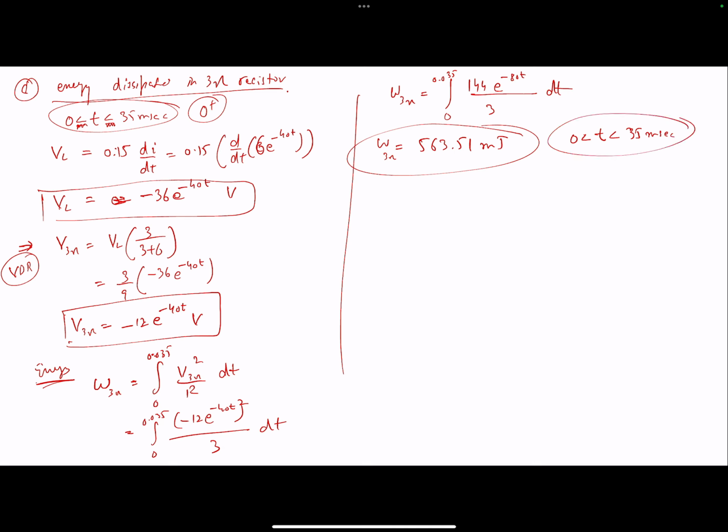Now the problem is my 3 ohms resistor stays after the second switching event, which is practically t greater than 35 milliseconds. So I have to redo the whole thing again. Let me show you the circuit after the second switching event.